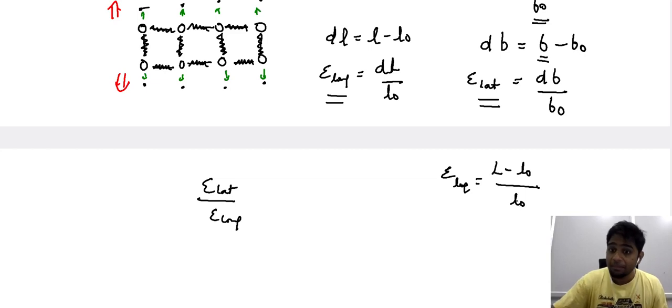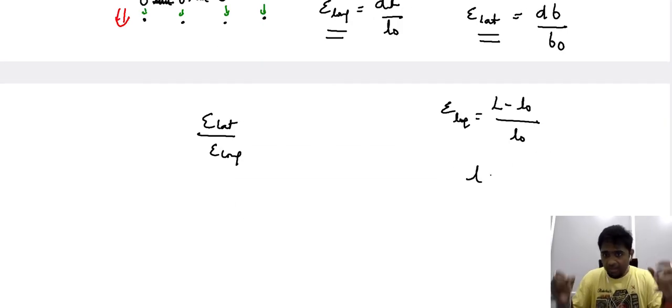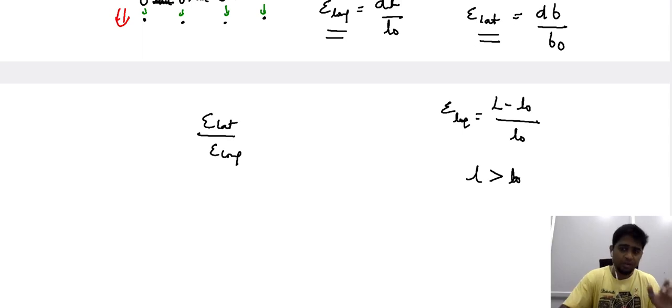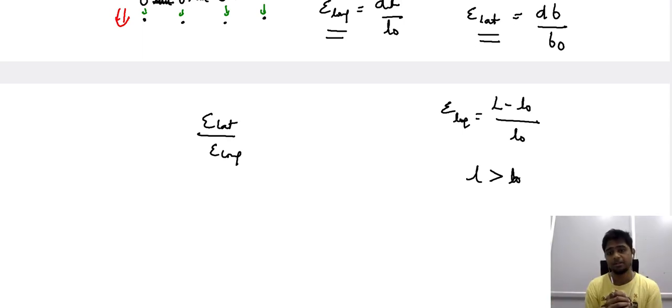Since we are imposing a uni-axial tensile loading, the length is greater than the original length. For any uni-axial tensile load that you impose on the sample, the resulting length is greater than the original length. Therefore, this longitudinal strain is largely positive. It is greater than 0.